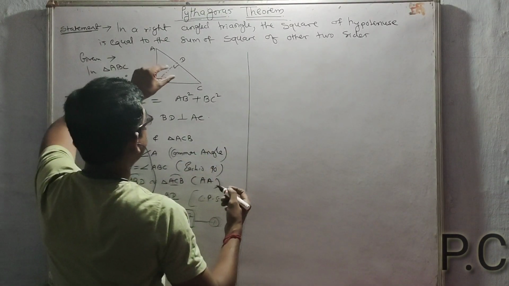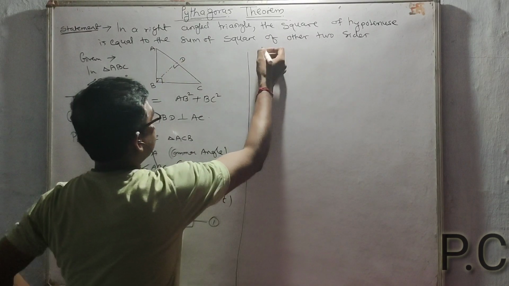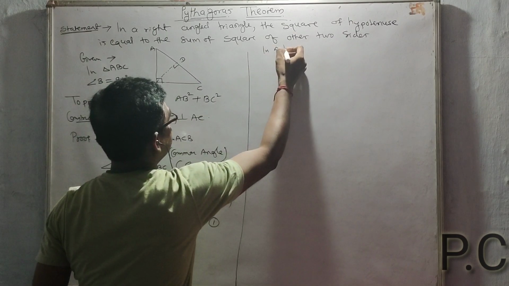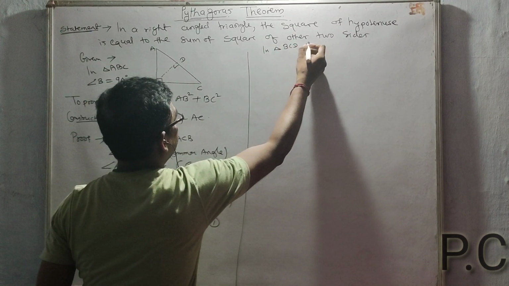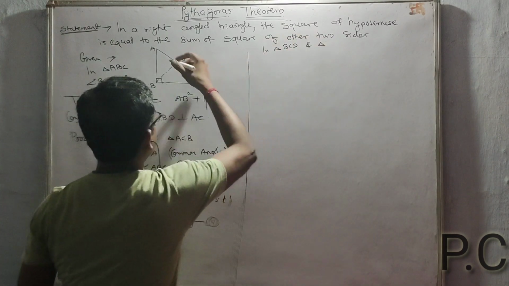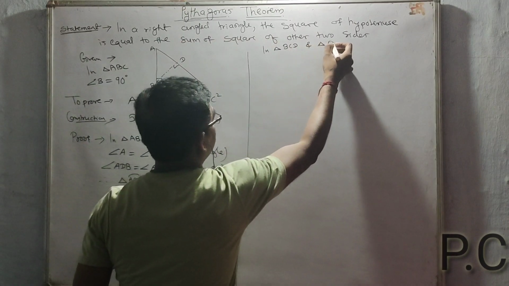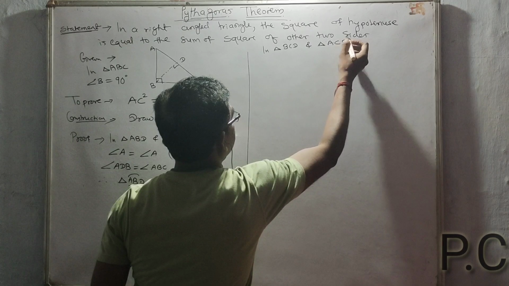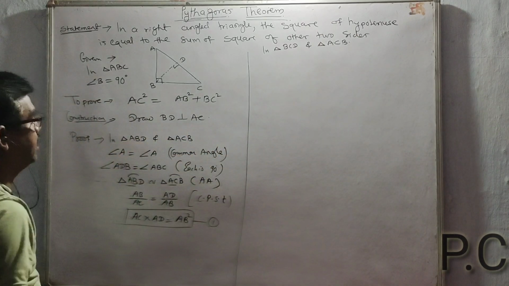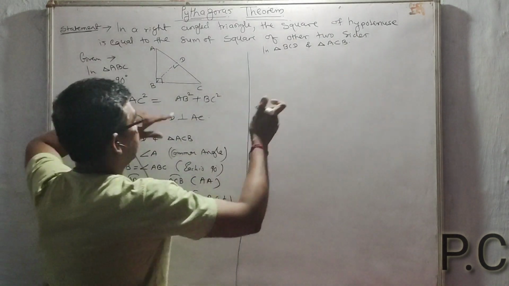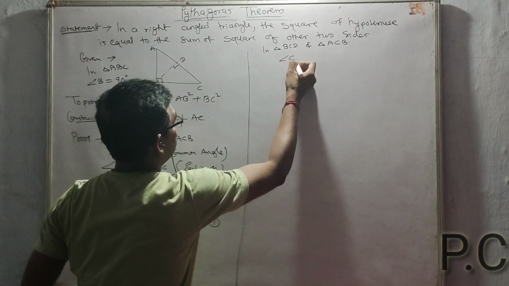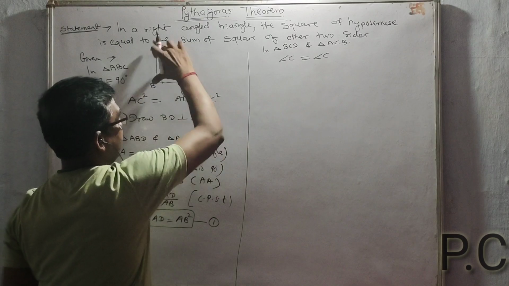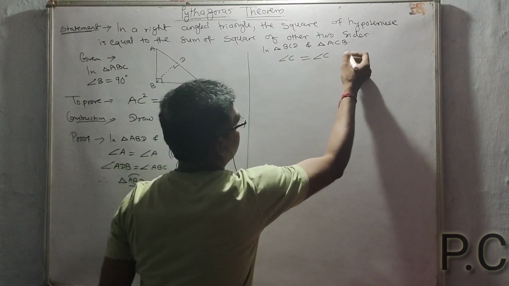Now we take this triangle and this triangle. So in triangle BCD and triangle ACB, see here, angle C is common. In this triangle BCD and ACB, angle C is common angle.